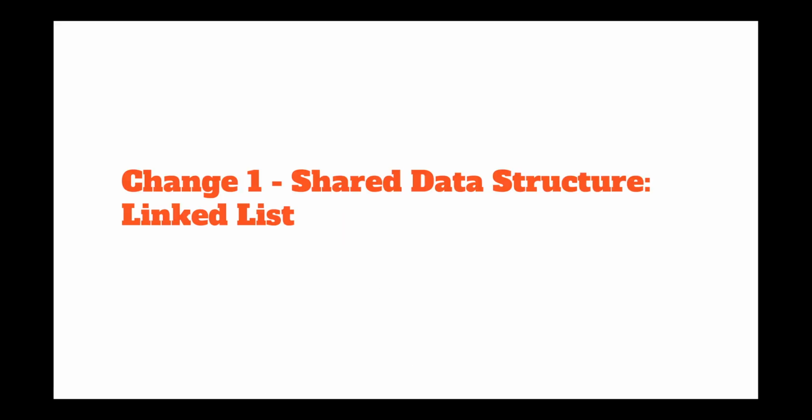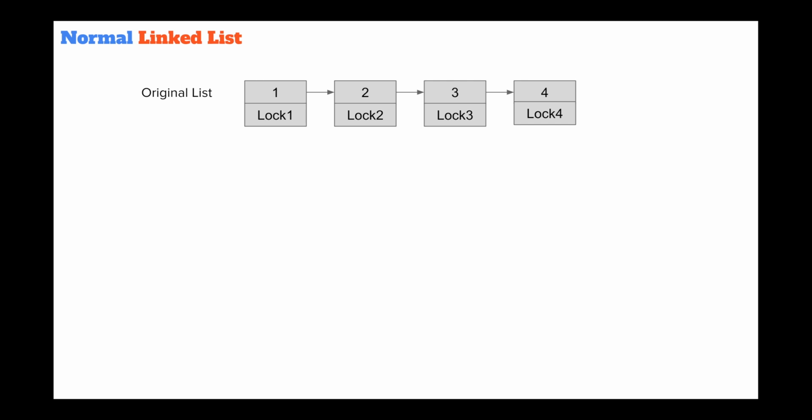So what changes do we need to incorporate in order to make a process cooperative? There are two changes. One is on the data structure side and the other is on the process side. Let's first go over the data structure side. This is a normal linked list.